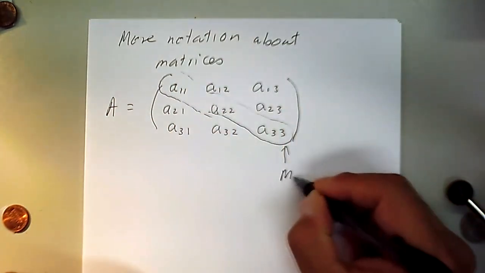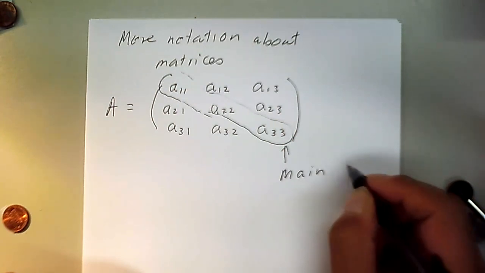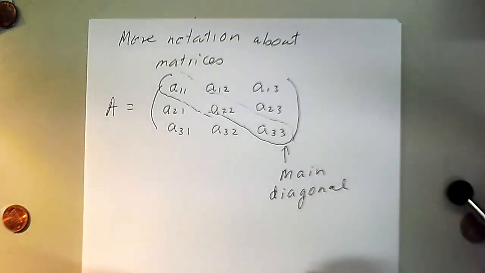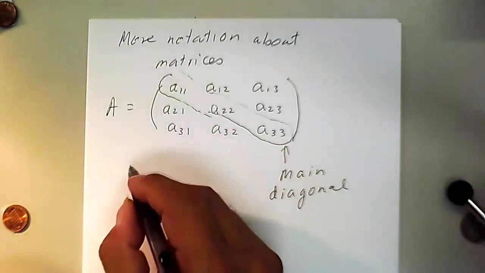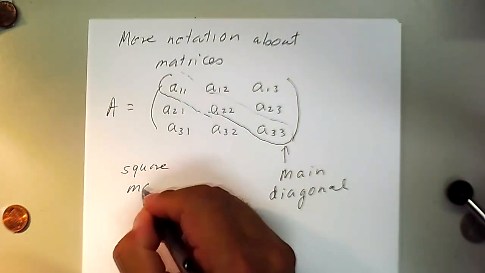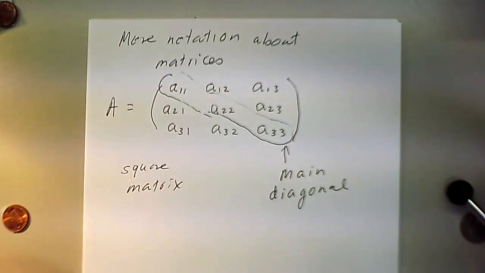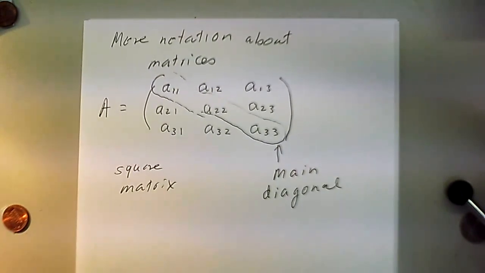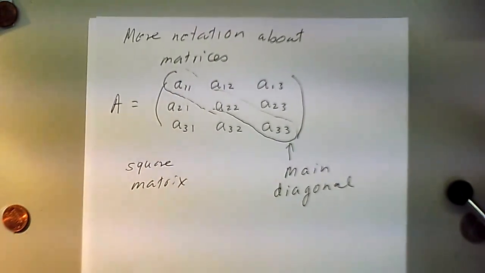So this is the main diagonal of the matrix. And I already mentioned this is a square matrix. And that's about it. We can, again, sub-classify matrices into upper triangular, lower triangular, and so forth.